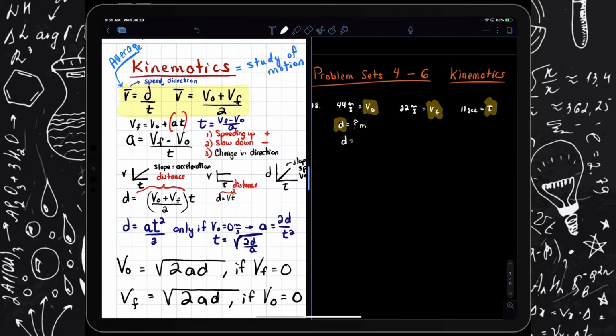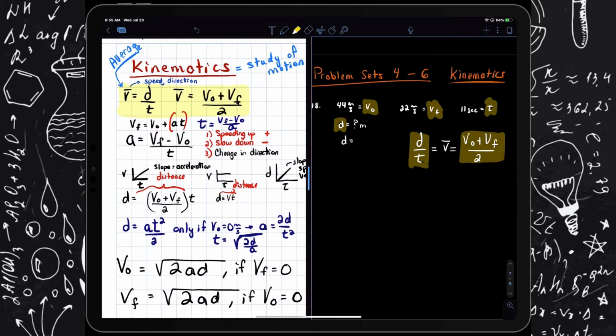If I have distance over time equals average velocity, and I know that average velocity equals VO plus VF divided by 2, can't I just say that this part of the equation equals this part of the equation?